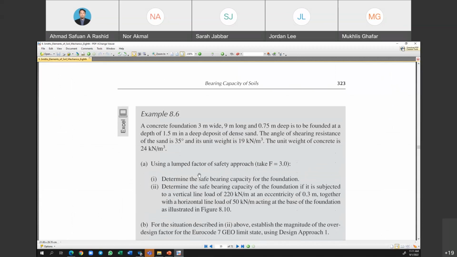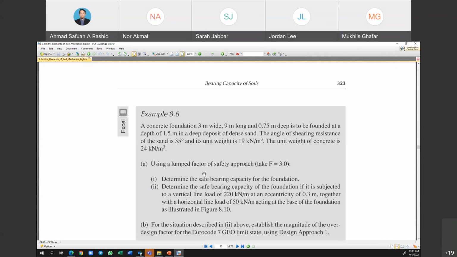Now we look at example 8.6, this time for sand. A concrete foundation 3 meter wide, 9 meter long, and 0.75 deep is to be founded at a depth of 1.5 in a deep deposit of dense sand. The angle of shearing resistance of the sand is 35 and its unit weight is 19. The unit weight of the concrete is 24.